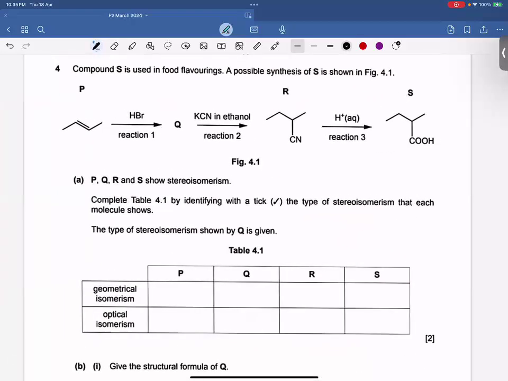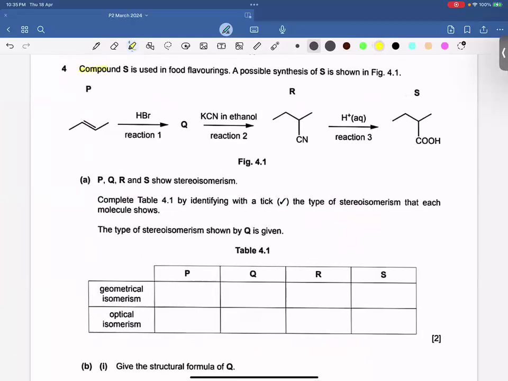Next, question number 4. Compound S is used in food flavorings. A possible synthesis of S is shown in figure 4.1. So this is basically an alkene. You are reacting this alkene, which is symmetrical, with HBr. So we really don't need to follow Markovnikov's rule, because Markovnikov's rule is only applicable for an unsymmetrical reagent and an unsymmetrical alkene.